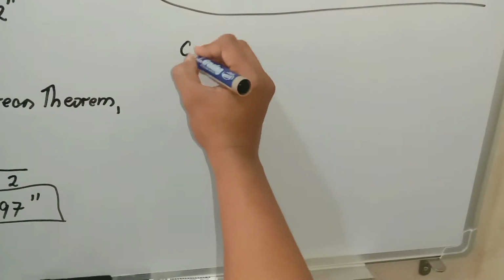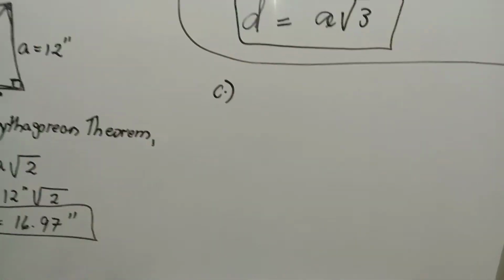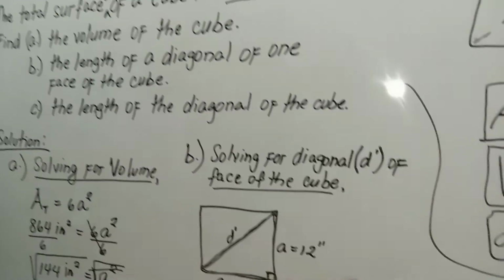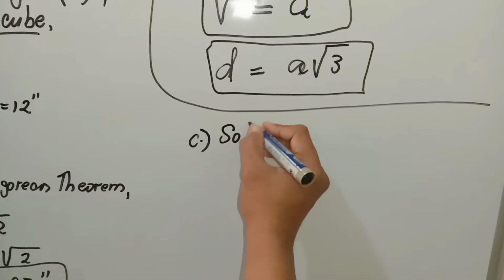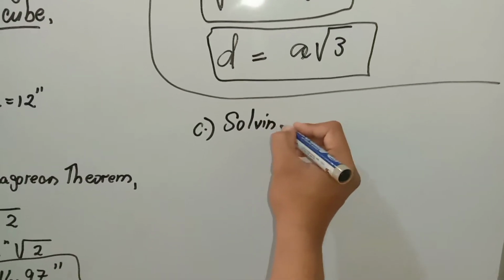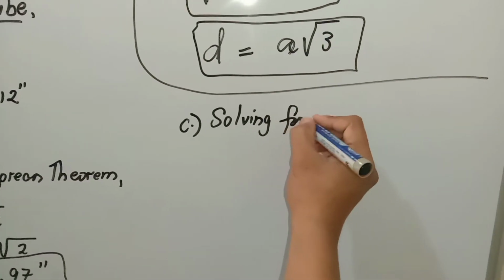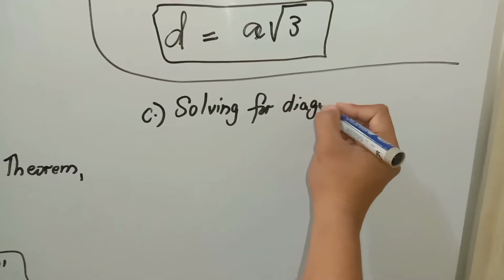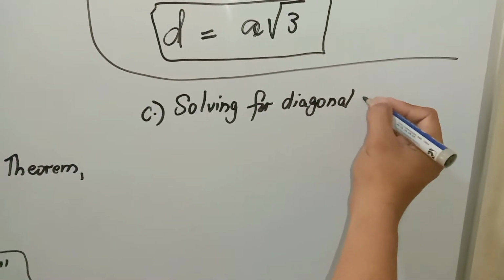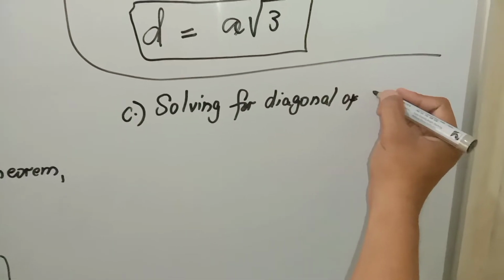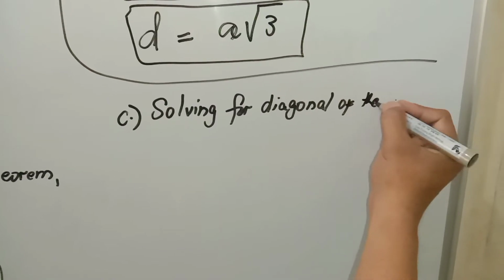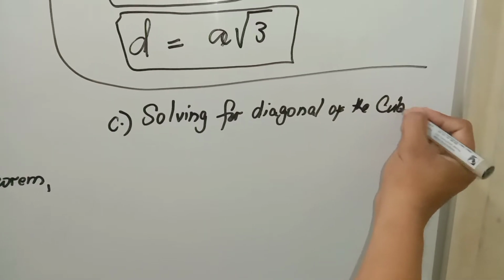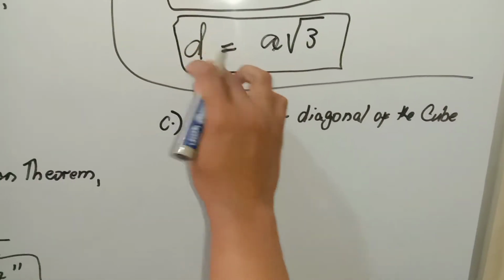C is equal to solving for the diagonal of the cube. This one, guys, D.